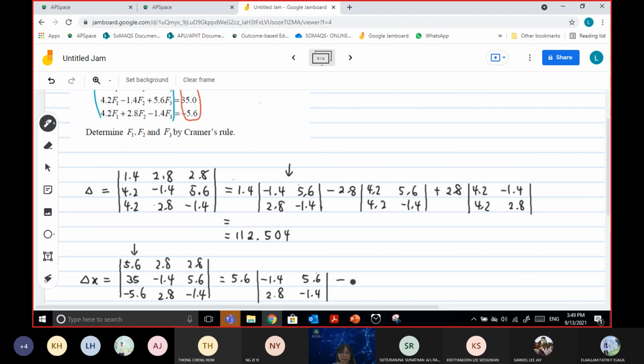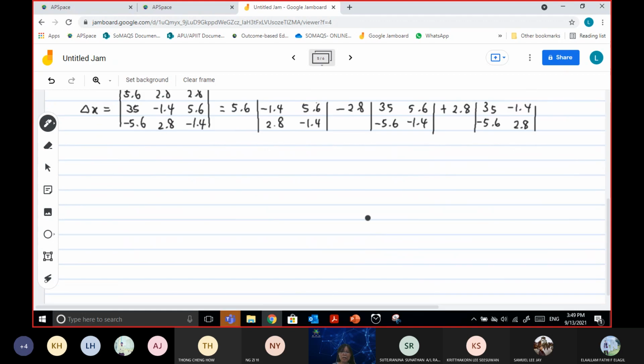Second one is negative 2.8, then blocking first row, second column: 35, negative 5.6, then 5.6, negative 1.4. Then the third one is positive 2.8, blocking first row, third column, so 35, negative 5.6, negative 1.4, 2.8.